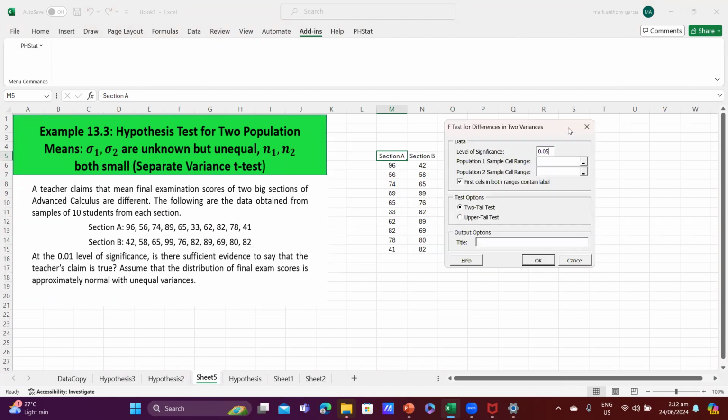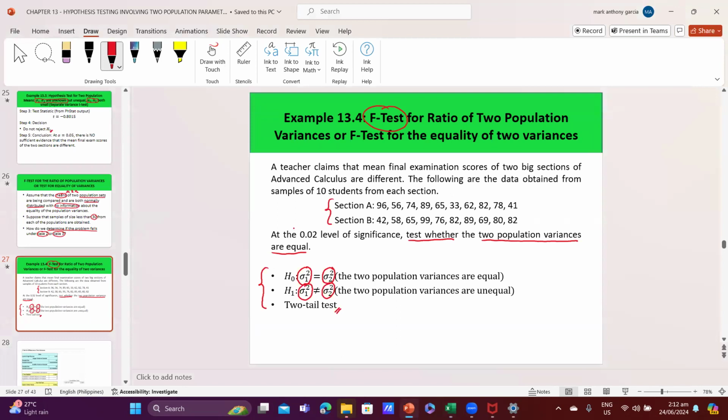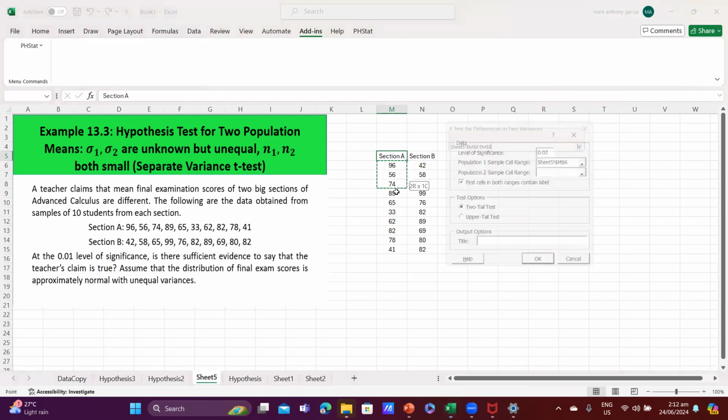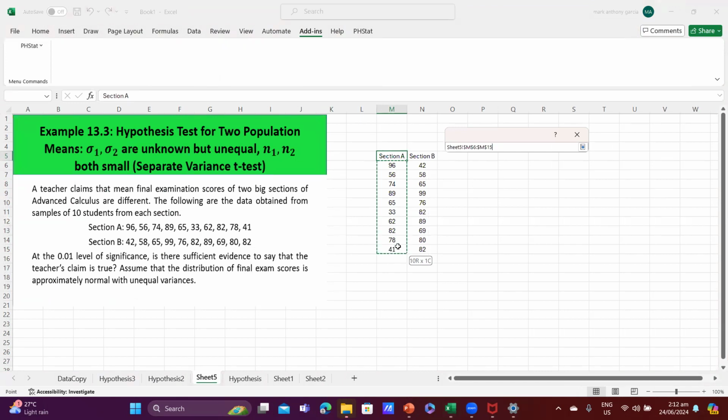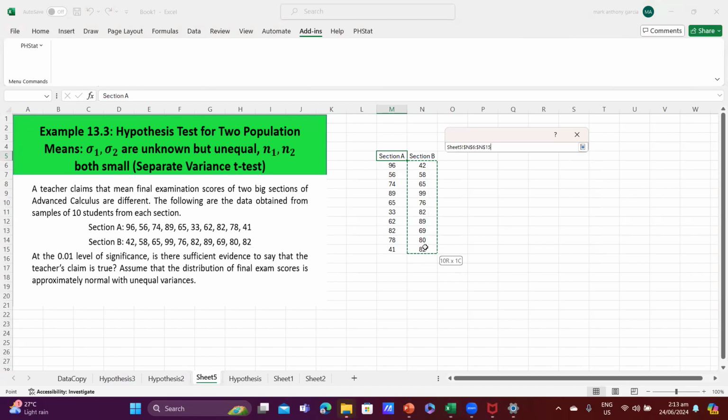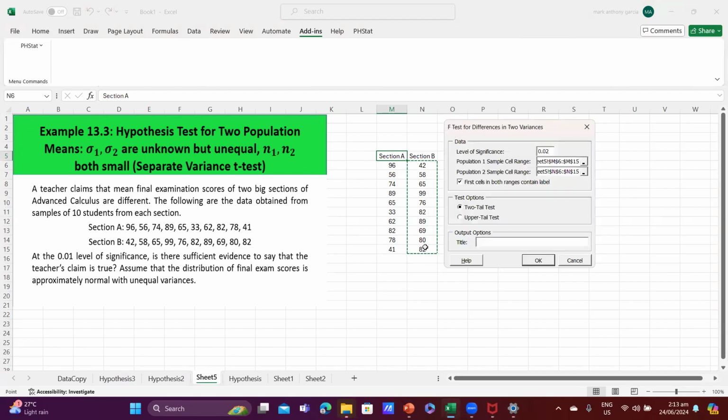Since the level of significance in the problem is 0.02, we change this 0.05 to 0.02. Then we click population 1 sample cell range, and hover our cursor from our first data to the last, and release. For the population 2 sample cell range, we select the first value from section B up to the last value.